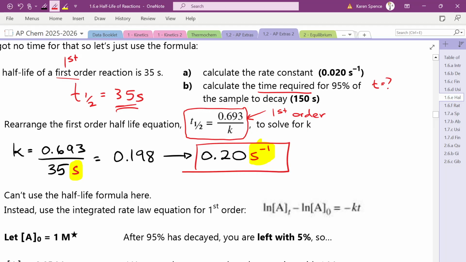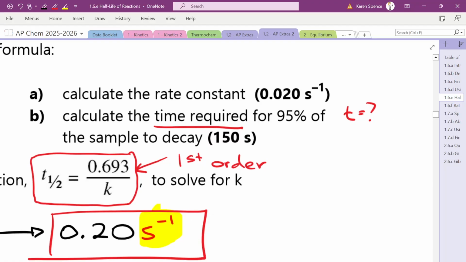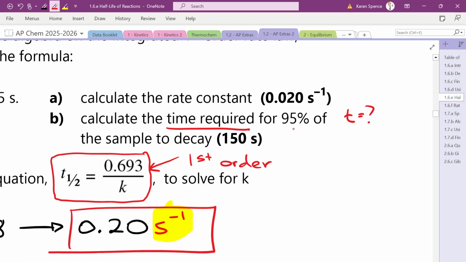So we want the time required for part B for 95% of the sample to decay. Now, is our T1/2 equals 0.693 over k going to be helpful here? No. We are told that 95% of the sample decays. Where should we go from there?